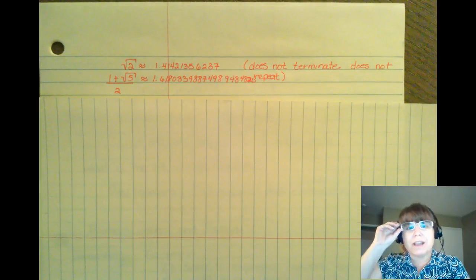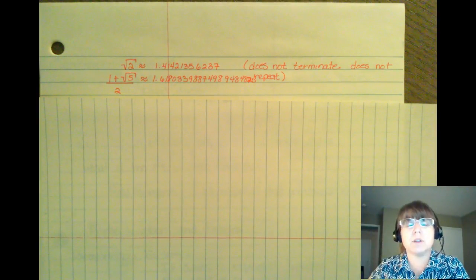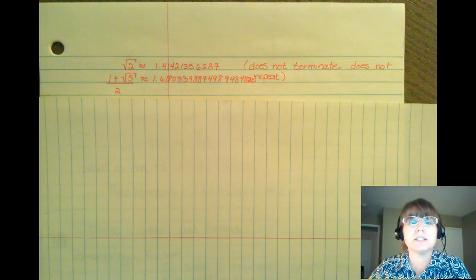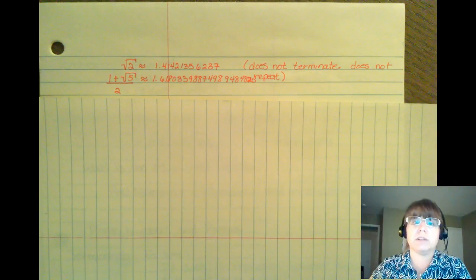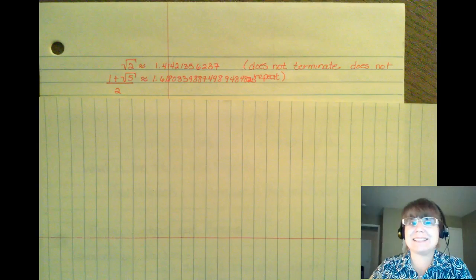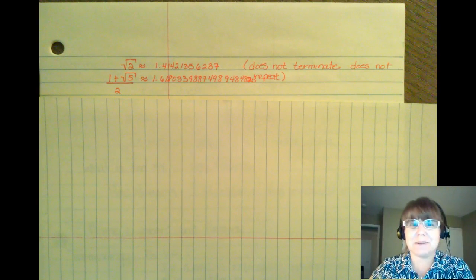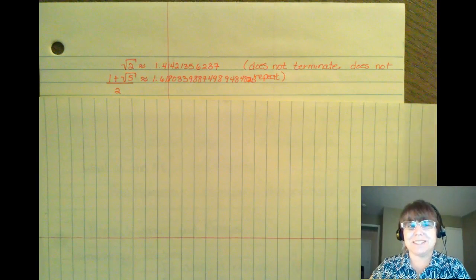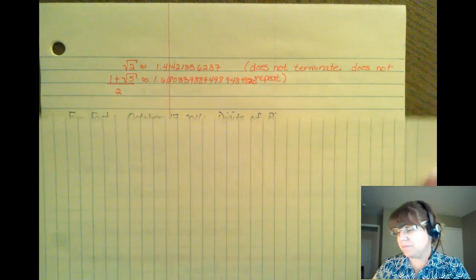A square root of 2, I went ahead and carried the decimal out a little bit further. 1.41421356237. But it doesn't terminate and it doesn't repeat. So even though I stopped writing down numbers, it doesn't stop. And here's the golden ratio. 1.6180339887498948482, and again, doesn't stop and doesn't repeat. So it is an irrational number.